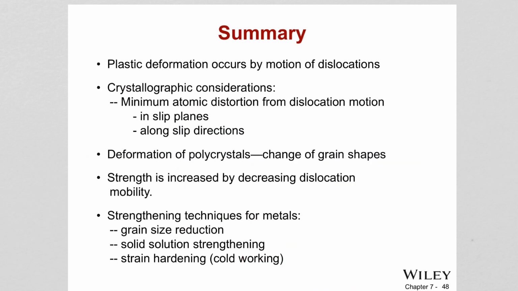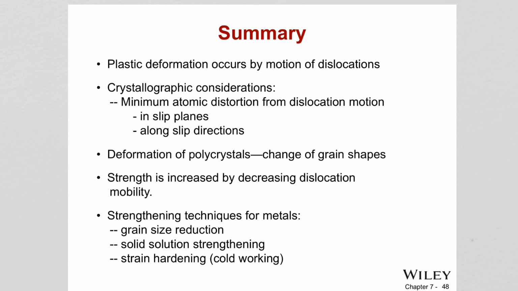So in summary, we learned about plastic deformation, and that this is happening with dislocations. Dislocations slip in slip planes and along certain directions, the most densely packed planes and directions, and we saw how grain shape affects the properties.